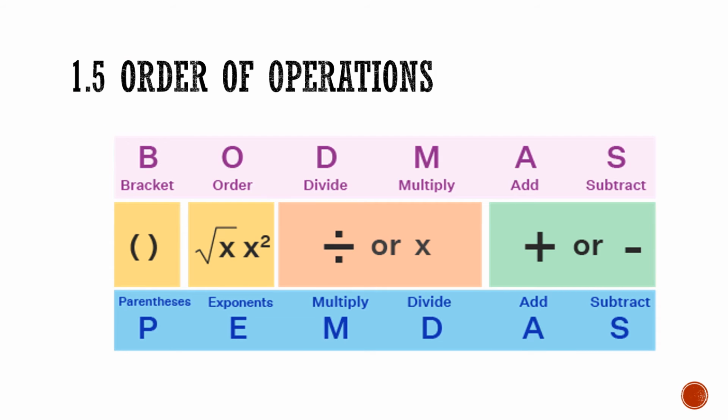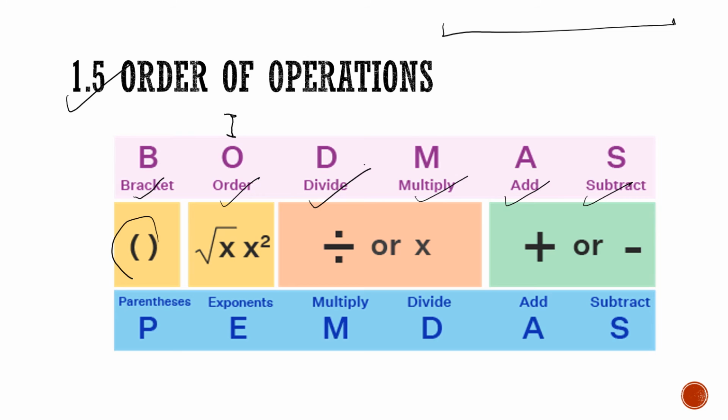Now this is the order of operations. We often remember it as BIDMAS or BODMAS, which stand for brackets, order, divide, multiply, add, subtract. This tells us that whenever we are given an equation, we are first supposed to solve the brackets, then the order.